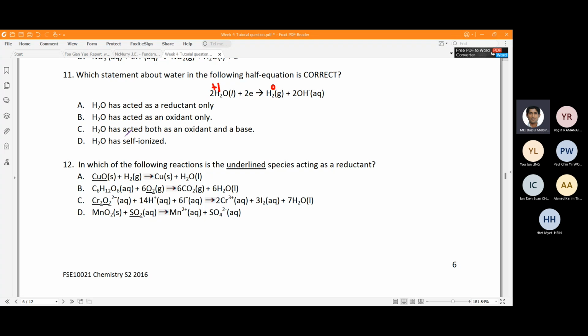So it is acting as an oxidant only. And water also becomes self-ionized, but here it is not showing that hydrogen and oxygen, so it is not correct. Water becomes self-ionized usually, but not in this case.